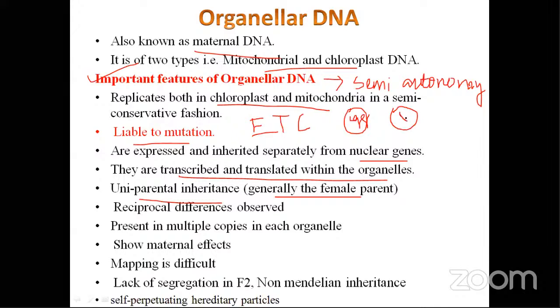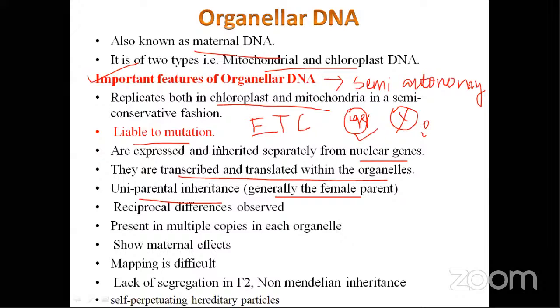Pollen does not carry much cytoplasm. Very little cytoplasm is there in a pollen, just for its survival, and pollen does not donate almost any cytoplasm at the time of fertilization. It only donates its nucleus.